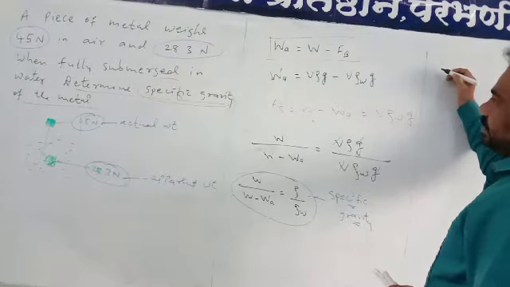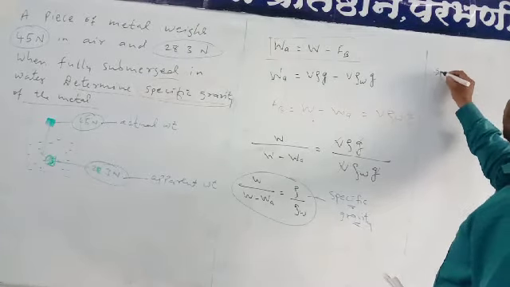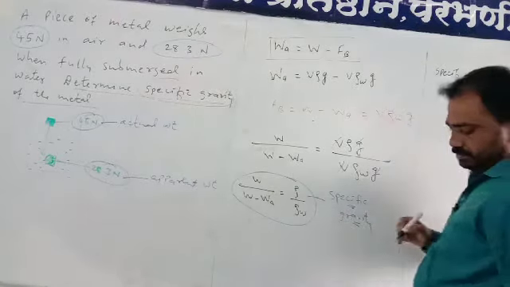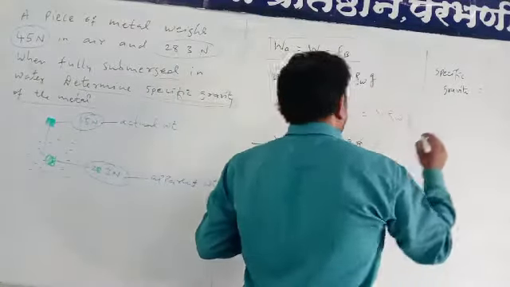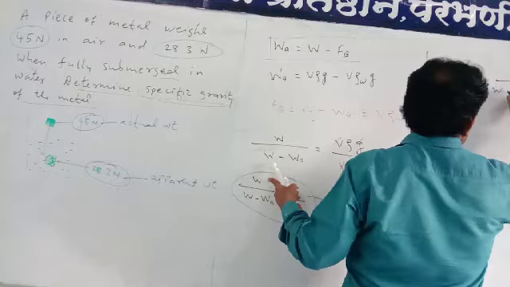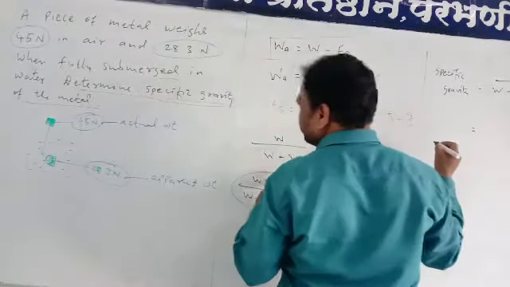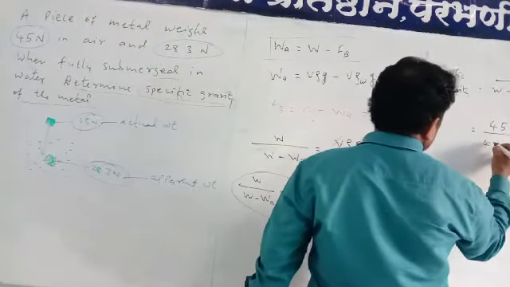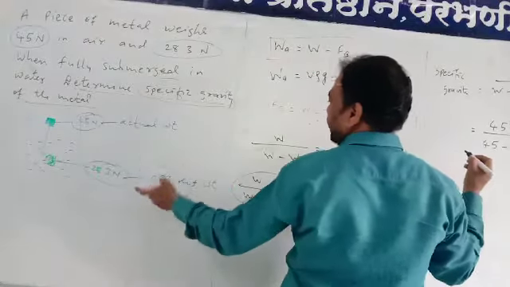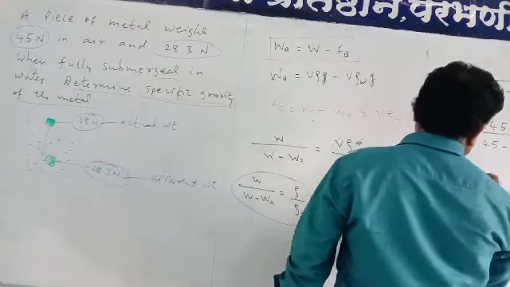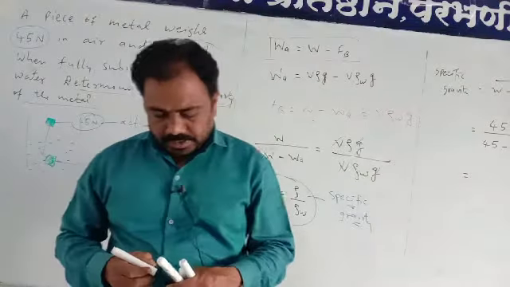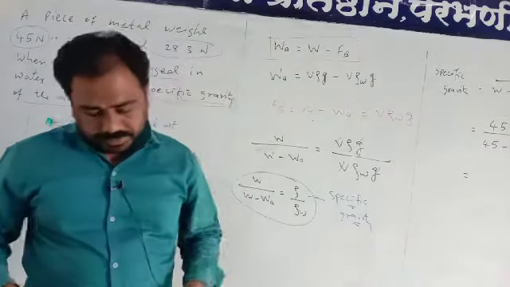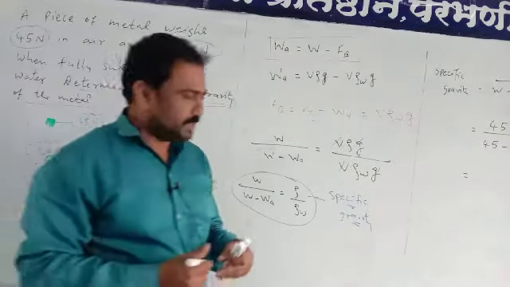Specific gravity is equal to actual weight upon actual weight minus apparent weight. The actual weight is 45, upon 45 minus the apparent weight, 28.3. It is a simple calculation, and the answer is 2.69.